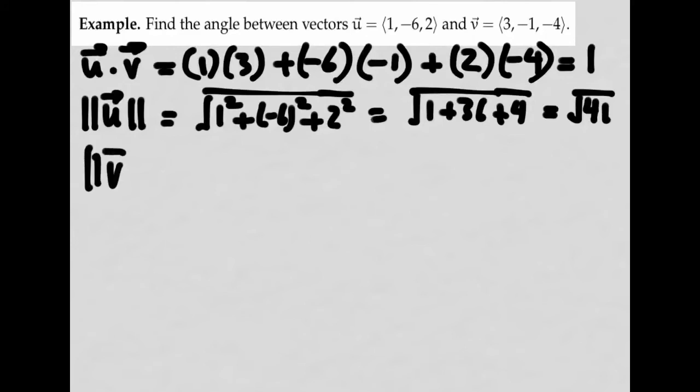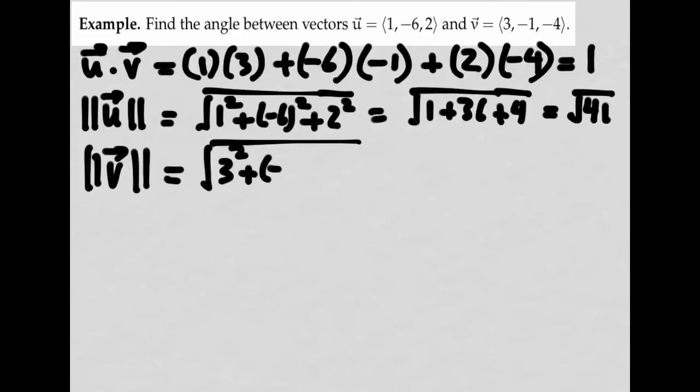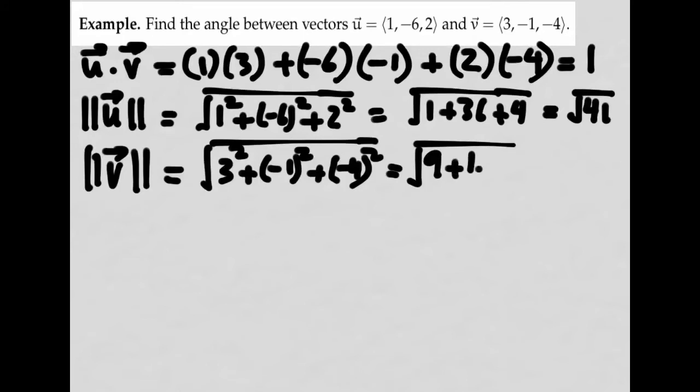Magnitude of v is the square root of 3 squared plus minus 1 squared plus minus 4 squared. That's equal to square root of 9 plus 1 plus 16, which is the square root of 26.